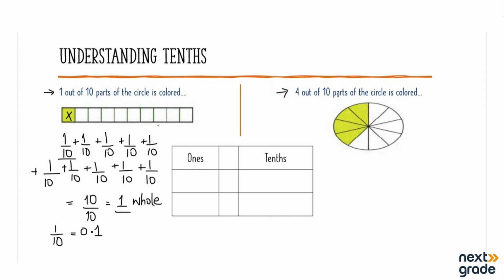That is 4 out of 10 parts of the circle is colored. So we have 10 parts over here. We're going to write this in the denominator. And we have 4 parts that are colored. So that means the fraction is 4 over 10.